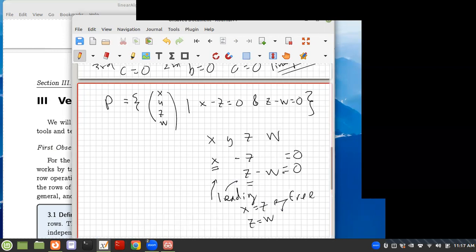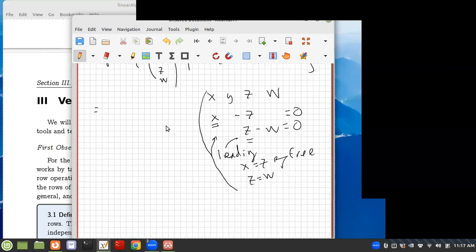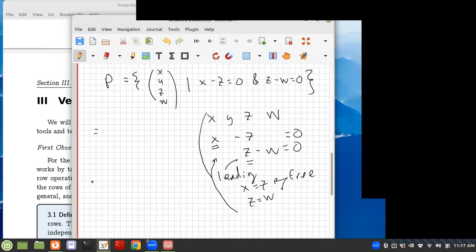Z and W are free. So the goal here is, that's the social convention of what we're doing. Since I've taken up some horizontal space here, maybe I'll put this down here. So we can write P equals this thing, we can replace X with Z, and let's see.